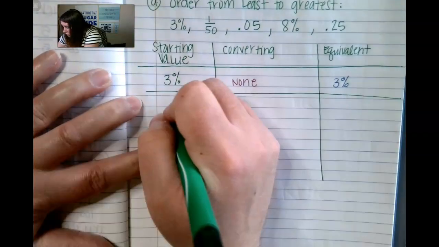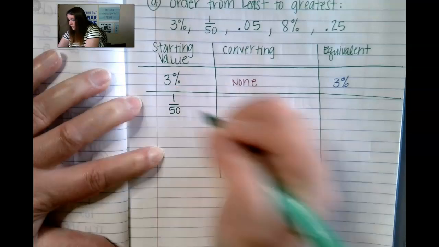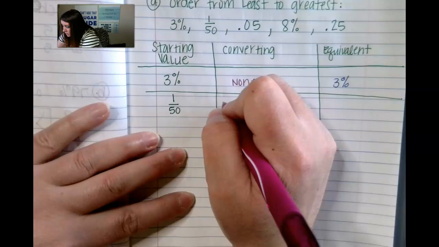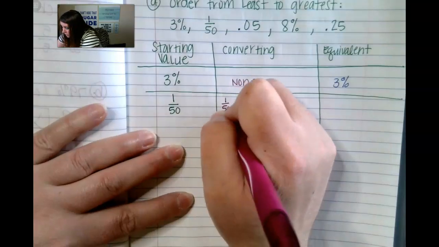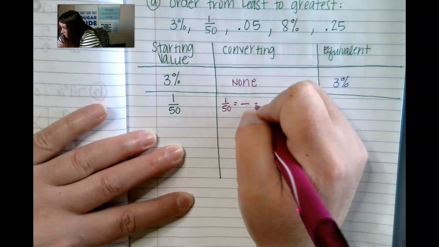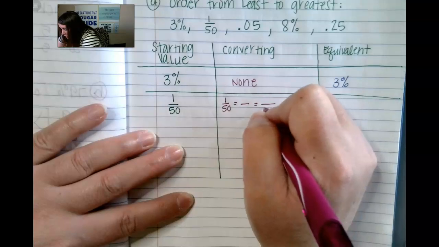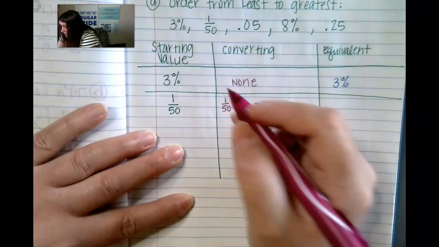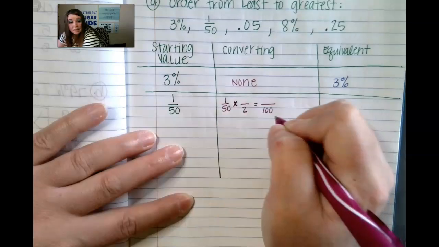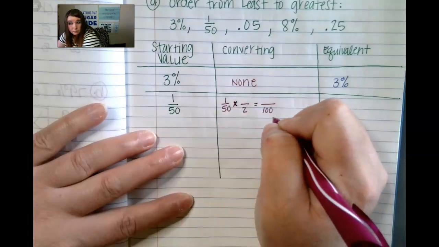So I need to convert 1/50. All right, well, I know that 1/50 equals, I have to do some converting to get it over 100. So 50 times 2, so let me change this. 50 times 2 gives me 100.